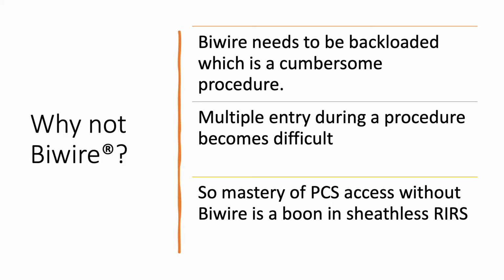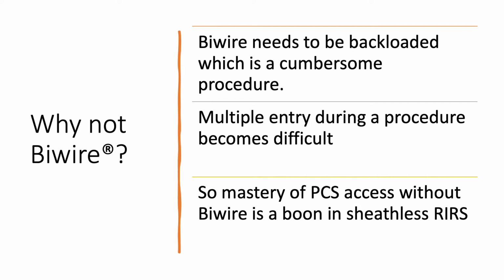Now the question is, why do we not use a bi-wire, a wire with both ends floppy? The problem is the bi-wire needs to be backloaded, which is a very cumbersome procedure. So multiple entries during a procedure become very difficult.